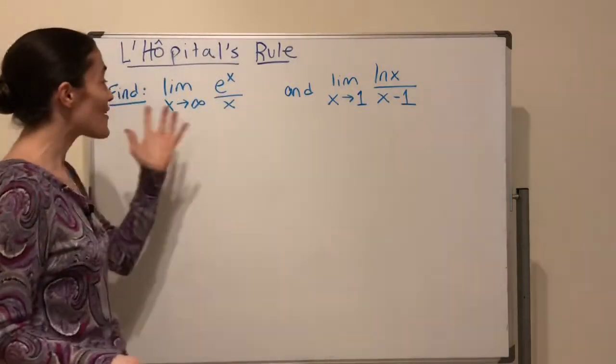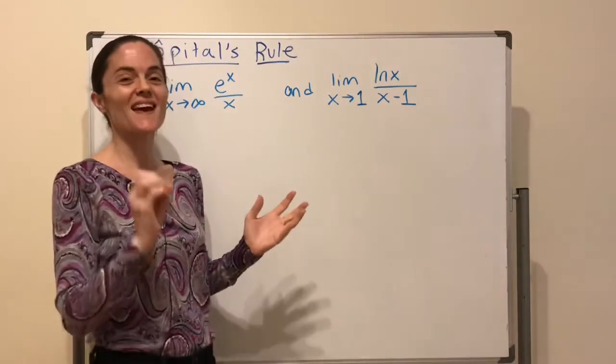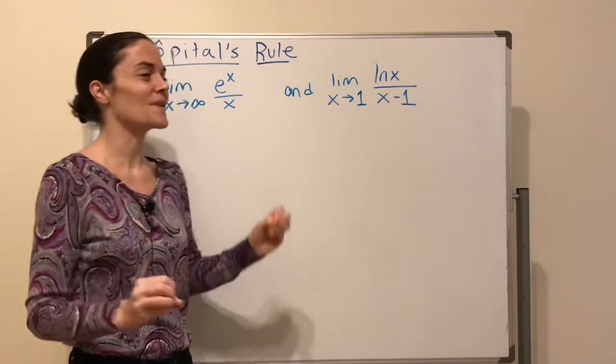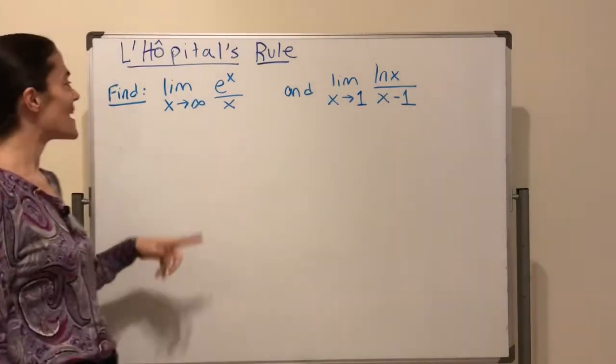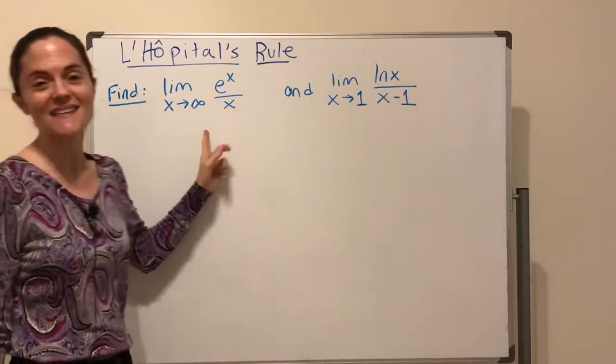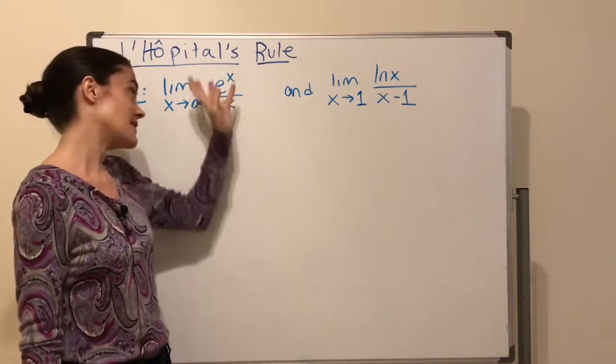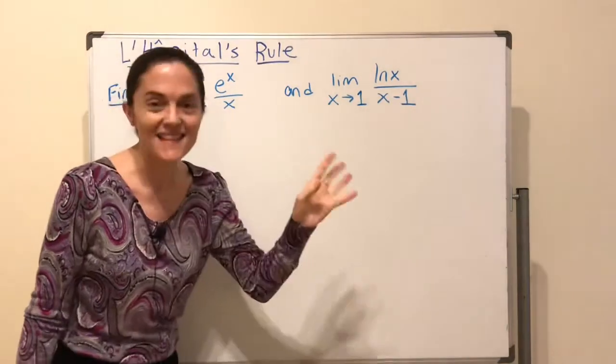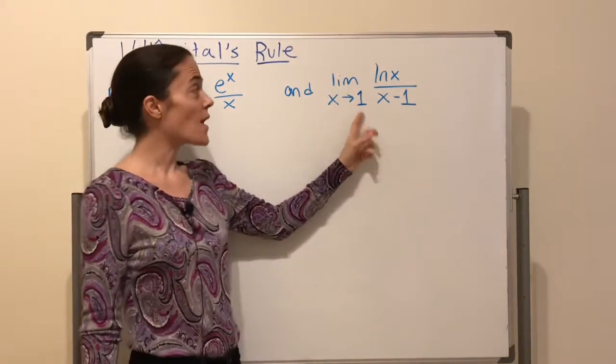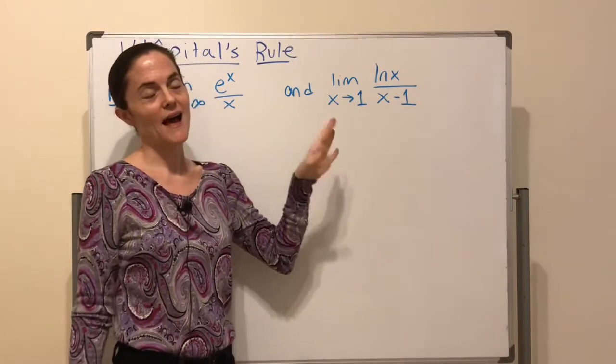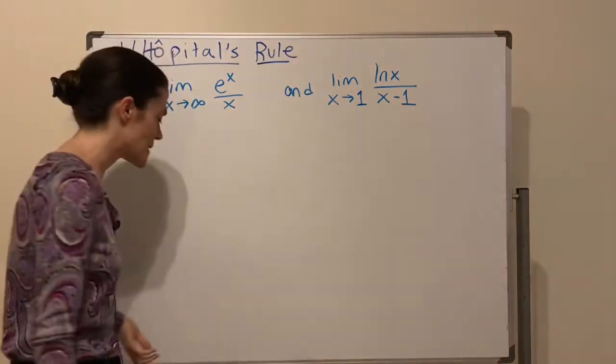So here are two examples that motivate the desire for L'Hopital. The limit as x goes to infinity of e to the x over x, and the limit as x approaches 1 of natural log x divided by x minus 1.